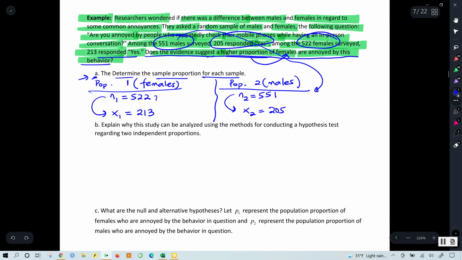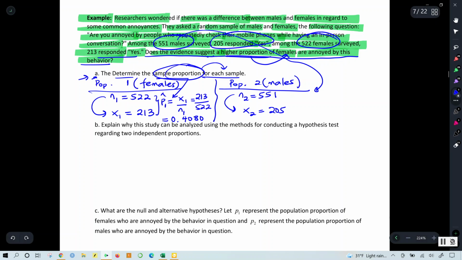So in this case, I can use this to get the sample proportion for each sample. The sample proportion here, p1 hat, will be x1 divided by n1. This will be 213 out of 522, which is equal to 0.4080.